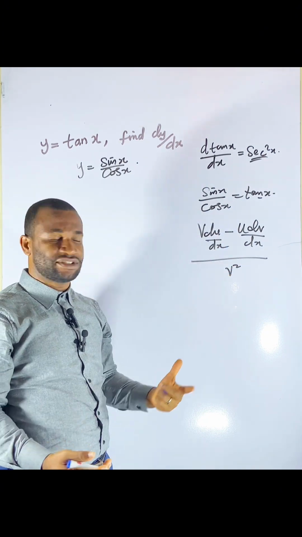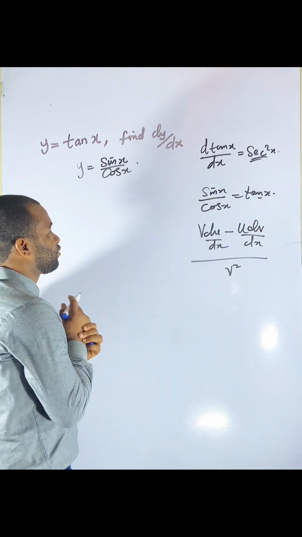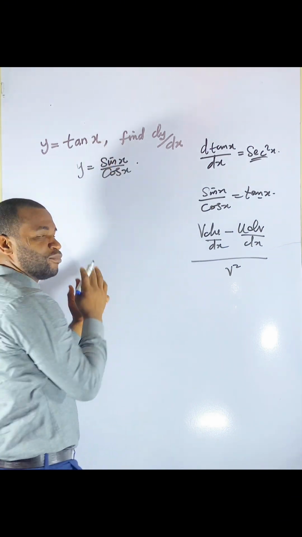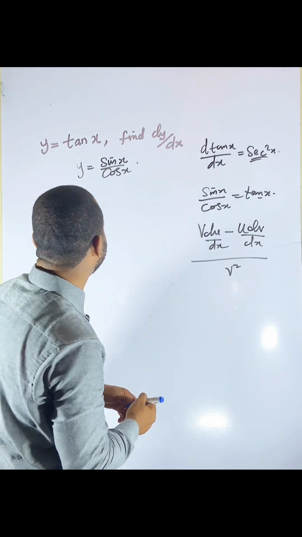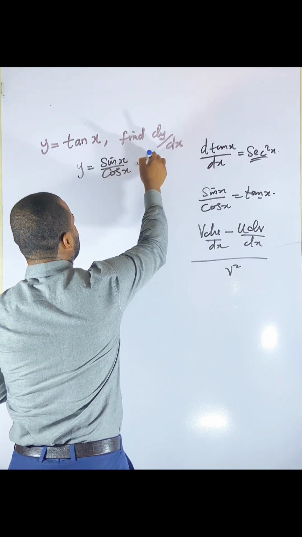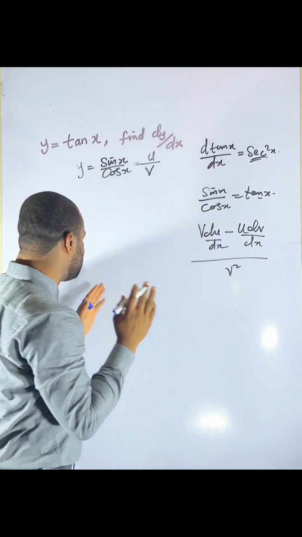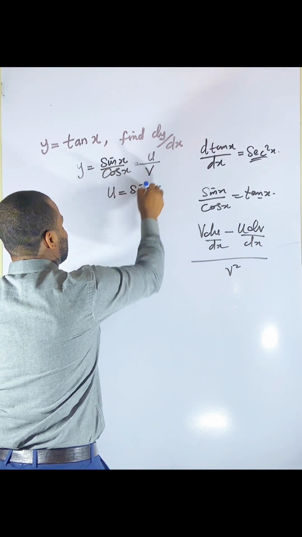That determines what I'm going to have. The numerator must be u, and the denominator v. So I'm going to have that u is equal to sine x.